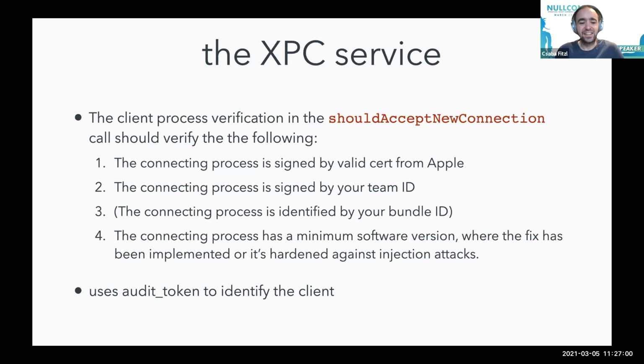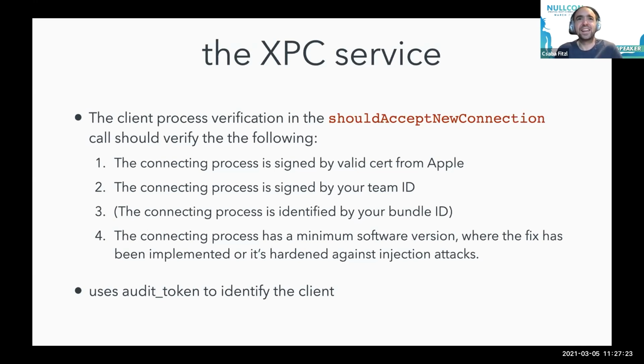What you can also do here is, let's say your client version 10 is hardened and properly fixed, and no one can inject any code into your version 10 client. You can verify the software version of the connecting client and say, I only allow clients above version 10.